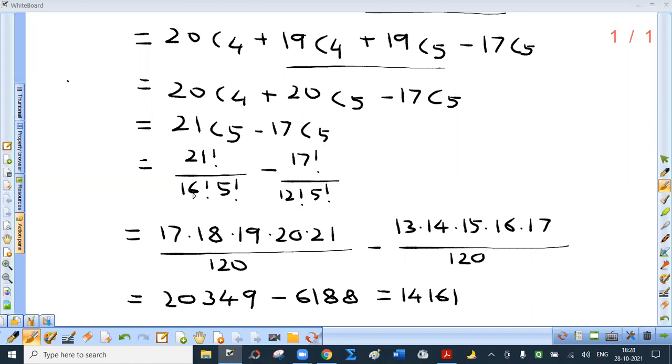After cancelling 16 factorial, what remains in the numerator? 17 into 18 into 19 into 20 into 21. What is 5 factorial? 120. After cancelling 12 factorial, 13 into 14 into 15 into 16 into 17 upon 120. Simplify to get 14161.